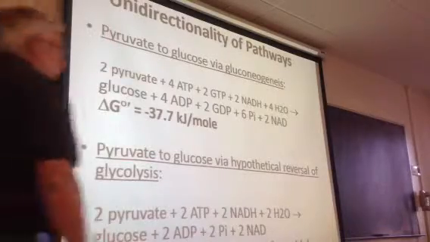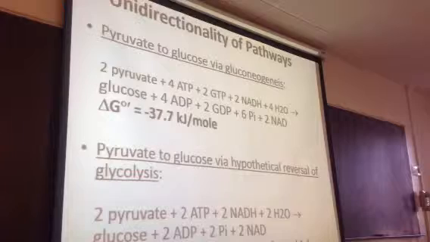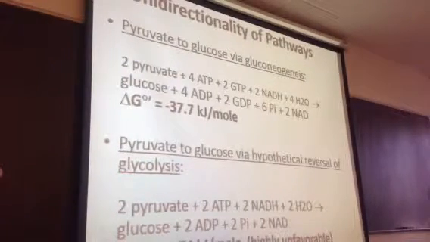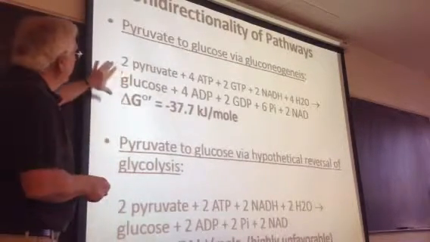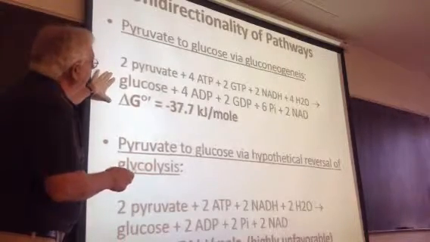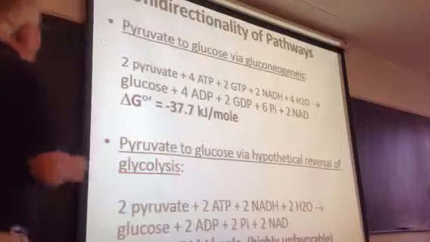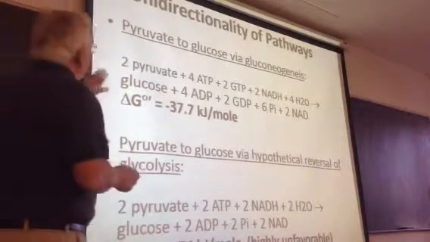And here's why, energetically. If you try to reverse glycolysis, that would be this situation. If you produce glucose instead through the physiological process of gluconeogenesis, you have that situation.